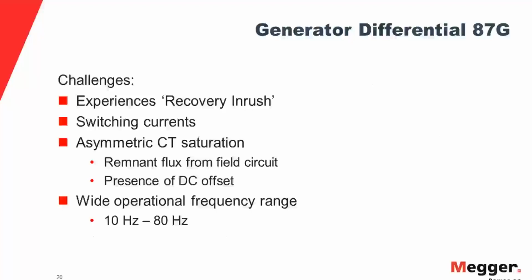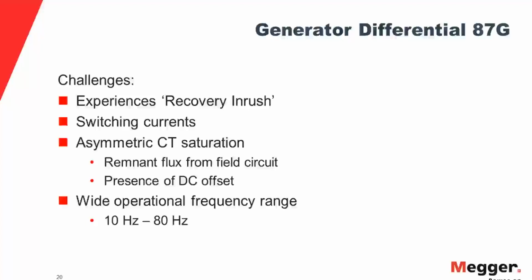Typically, when the generator differential operates, it's an instantaneous operation. On a generator, typically the trip signal is called Class A trip. What does that Class A trip mean? When the relay issues a Class A trip, it pretty much opens all the breakers associated with the generators.